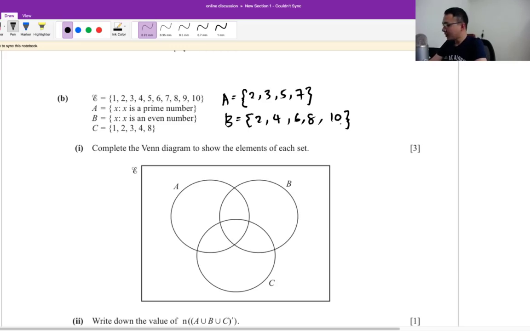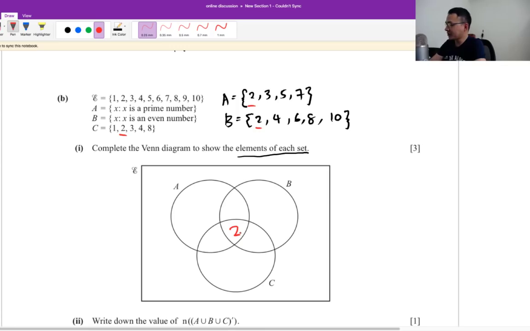Right, so therefore, in order to complete this one, to show the elements of each set, the first thing I always find is the elements in the middle one, meaning those A, B, C all have. The number A, B, C all have will be 2, because all of them have 2, so I'll write the 2 in the middle.